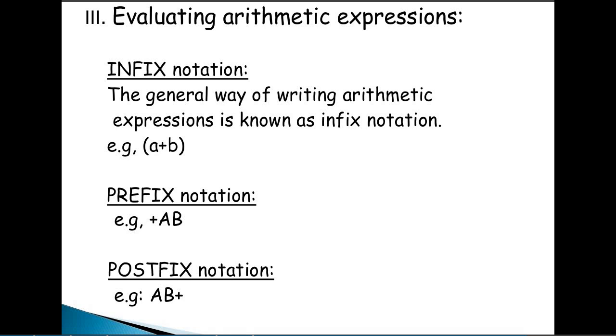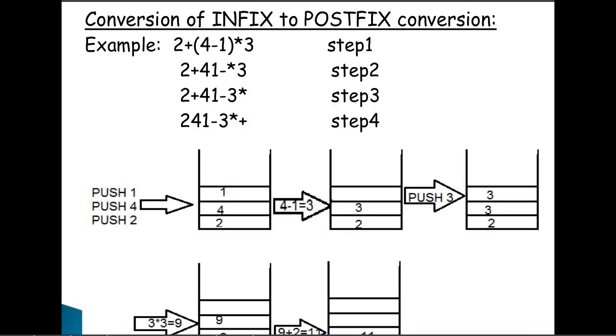If the operator is in between the operands, it is called infix notation. If the operator comes before the operands, it is called prefix notation. And if the operator comes after the operands, it is called postfix notation. In the third, A B plus, A and B are both operands and plus is the operator. In prefix, plus is the operator which comes first, and then A and B are both operands.